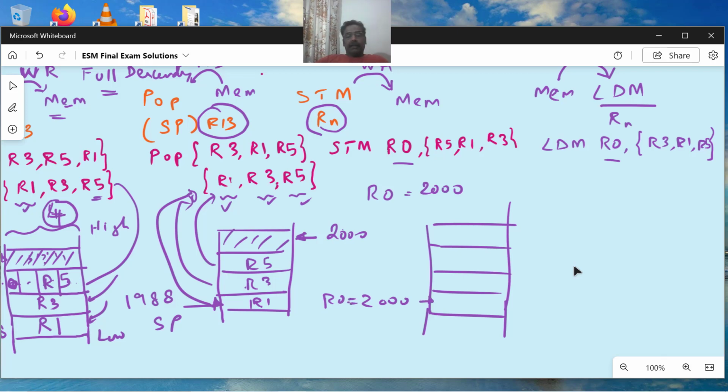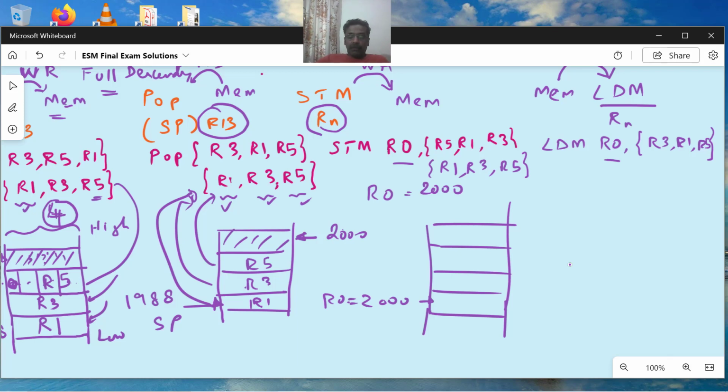Okay. Now imagine STM and LDM are always used for an array of values, the data array that you have declared, and now internally you are actually trying to store the content of R5, R1, R3, but it is internally changed into this order. Okay. Now where do these values go?